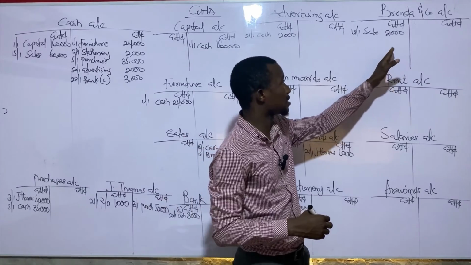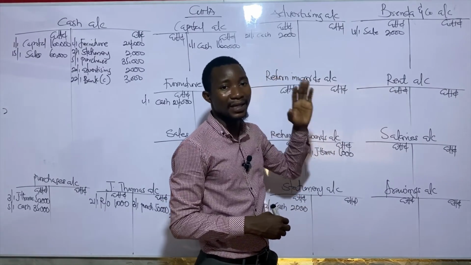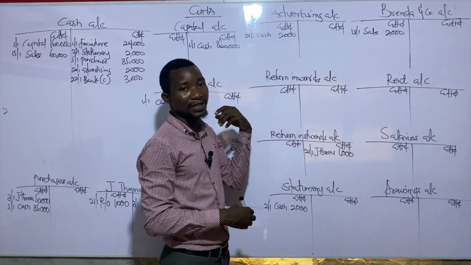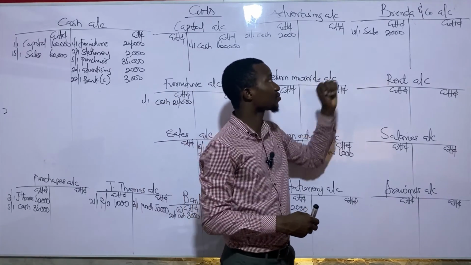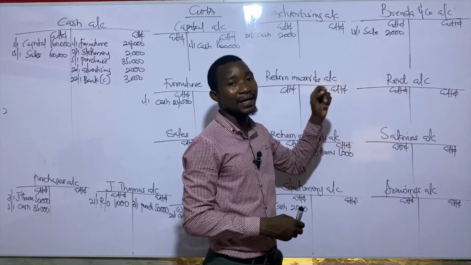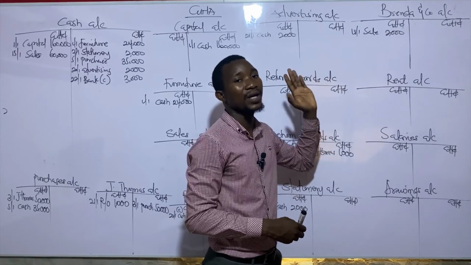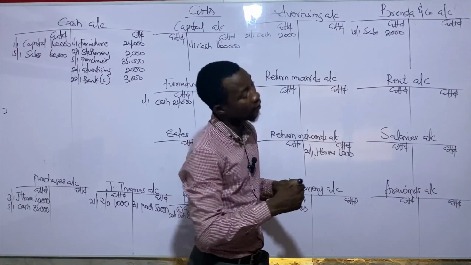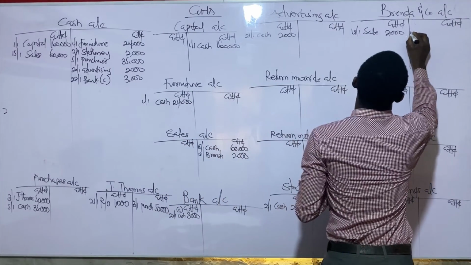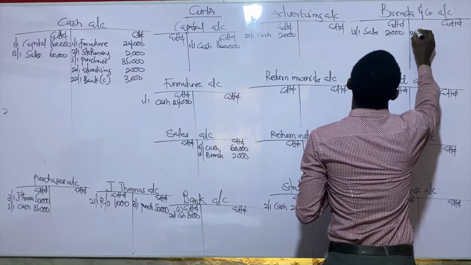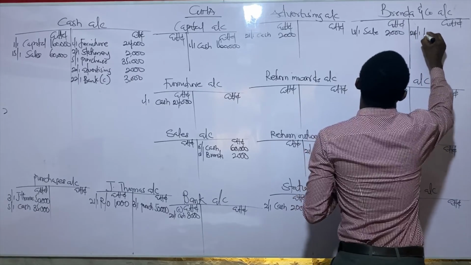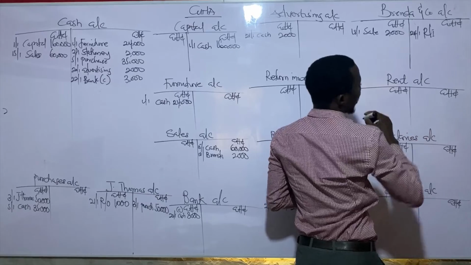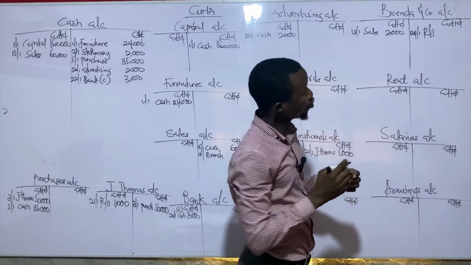So Brenda is sending part of the goods. So in this particular scenario, Brenda is giving out the product to the business. So we credit Brenda's account because Brenda is an example of personal account, and we credit the giver. Is that okay? And the date was on the 24th January. This is a return inwards, R/I, and the amount was 200.